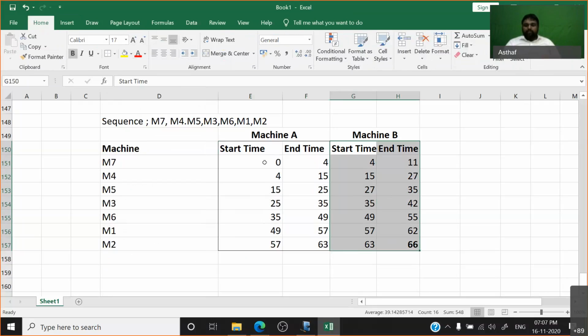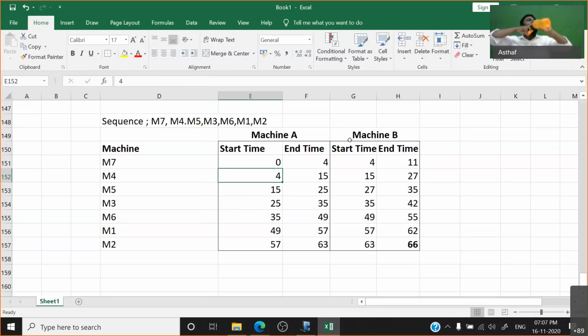See, don't get confused. This 4 only will come. This is separate. B is separate, A is separate. The only point is what? After A, you can go to B. That's the only concept. So, hope you have completed.